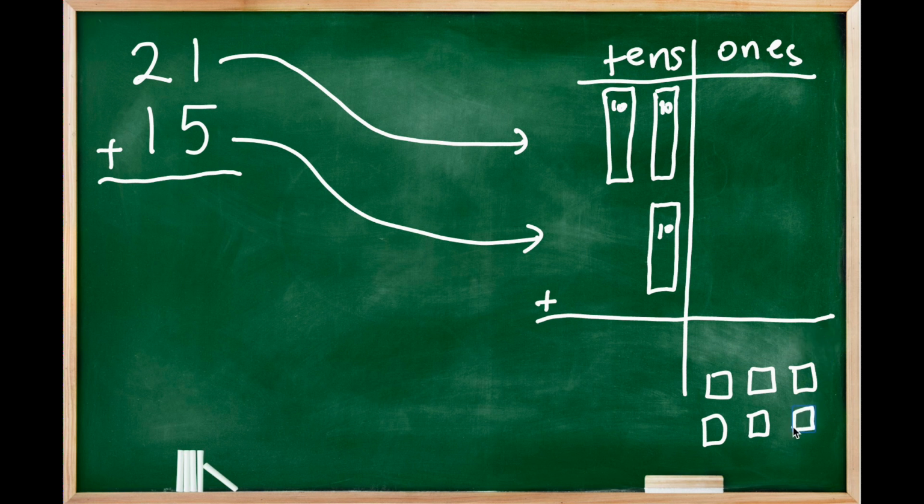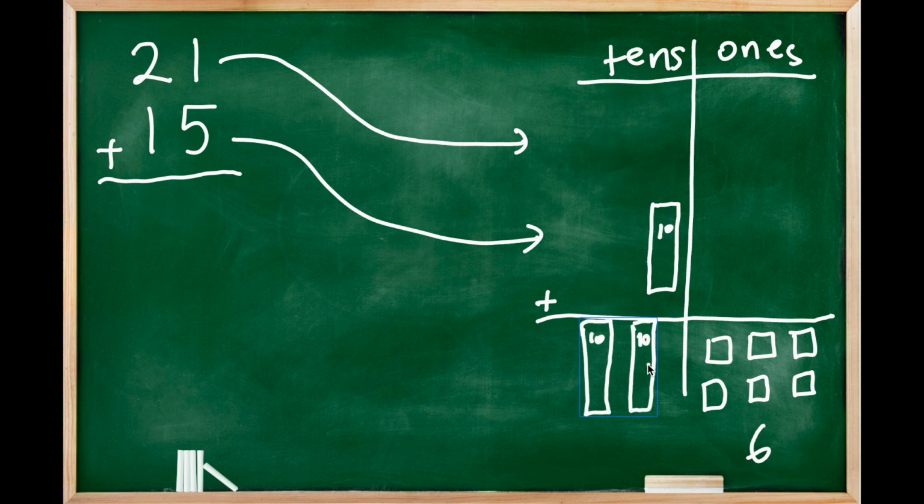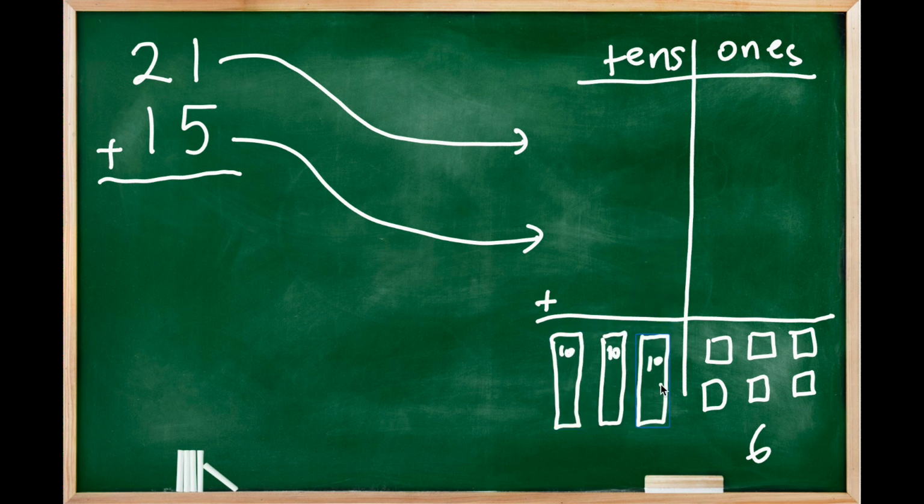So this can be written as 6, and I combine the other 10 rods, and that makes a total of 30. If these are combined together in place values, this is called expanded form, as we know. So this number will be 36.